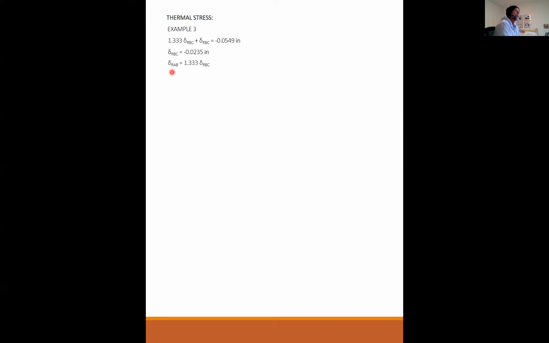And since delta RAB is 1.333 times delta RBC, I can say that delta RAB is 1.333 times minus 0.0235, which gives me minus 0.0314 inches. And now that I have these deformations, I can solve for the force in the bar.